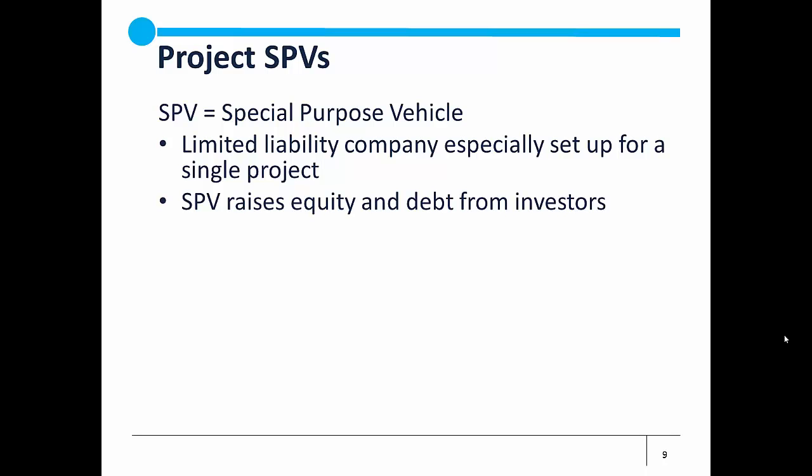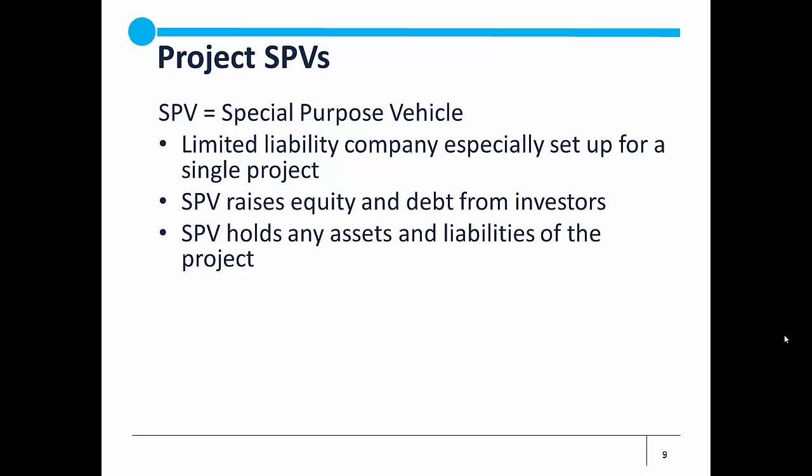The SPV will raise the equity and debt from the investors. The SPV holds any assets and liabilities of the project, and passes on any benefit finally to the equity holders.